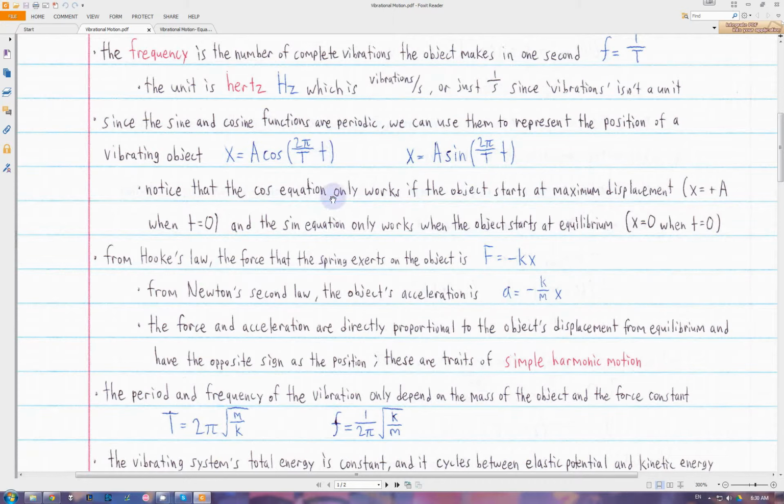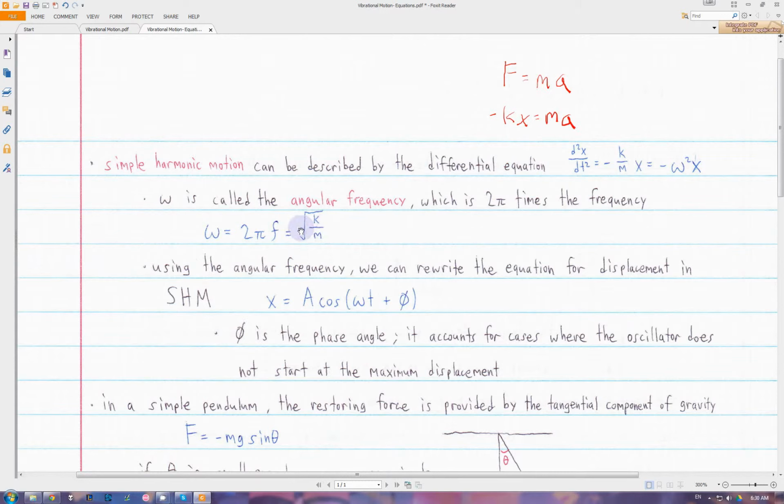So notice how 2 pi divided by the period, if we just move this to the other side, it's the same thing as the square root of k over m. And we know that is just the angular frequency. So we can rewrite the displacement equation for simple harmonic motion as the amplitude times the cosine of omega times t, and then we have this thing called the phase angle.